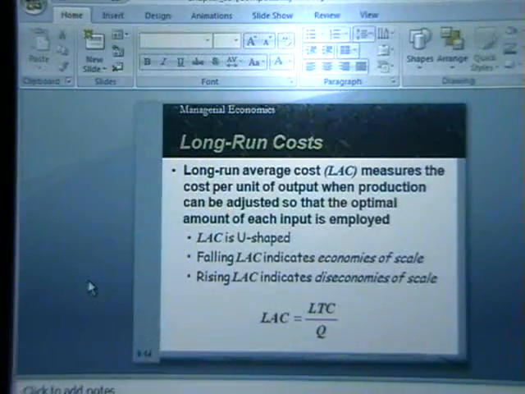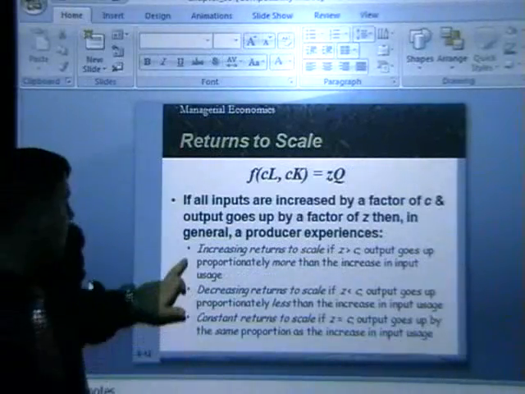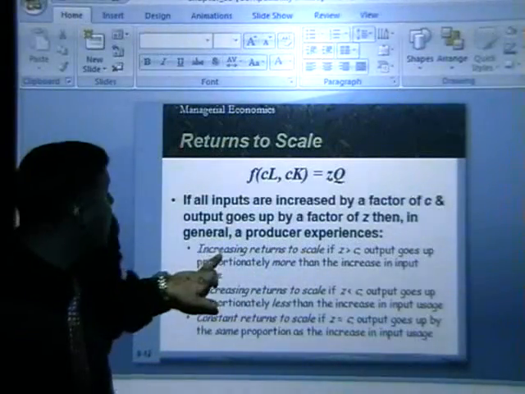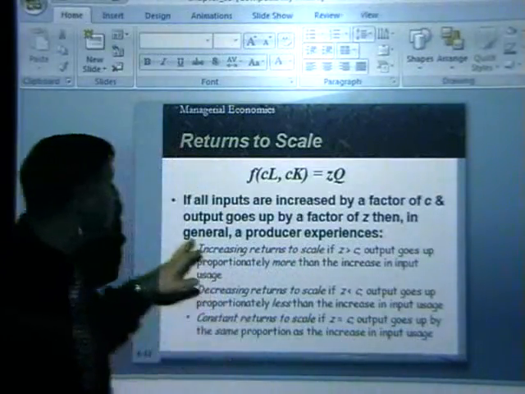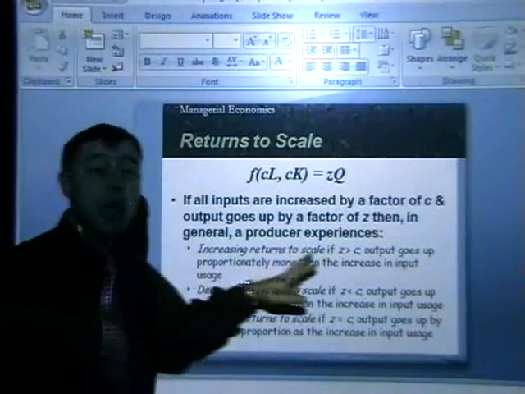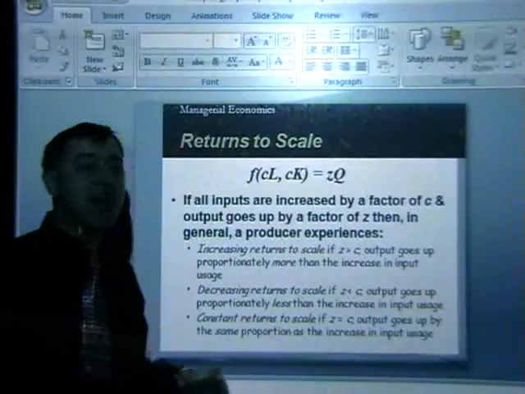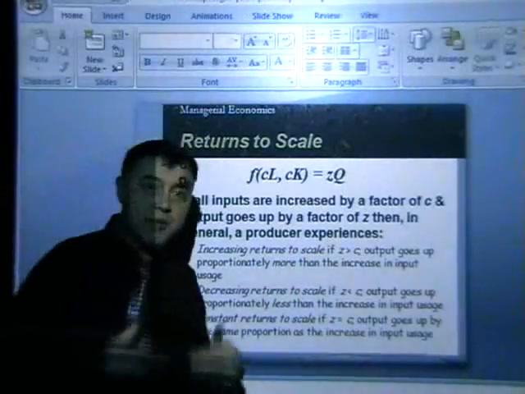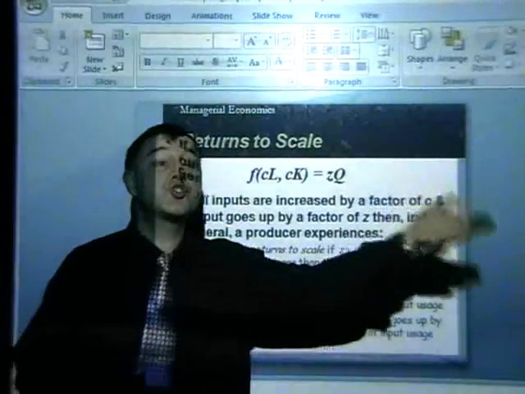Economies of scale is from two slides ago. Economies of scale is the same as increasing returns to scale. Increasing returns to scale is known as economies of scale. In other words, when you double the inputs, the output can actually triple.